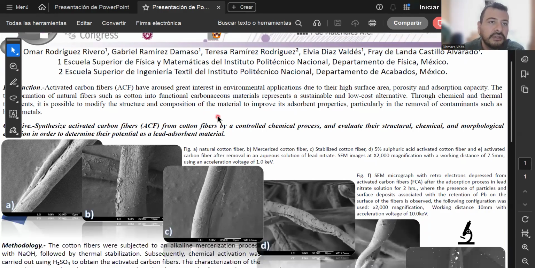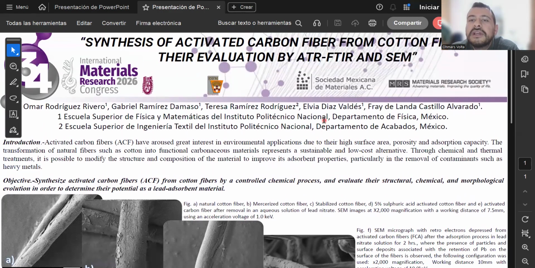As an introduction, as we know, activated carbon fibers have aroused great interest in environmental applications due to their high surface area, porosity, and adsorption capacity. The transformation of natural fibers such as cotton into a functional carbonaceous material represents a sustainable and low-cost alternative. That is the purpose of this work.